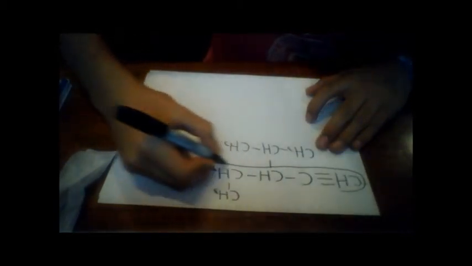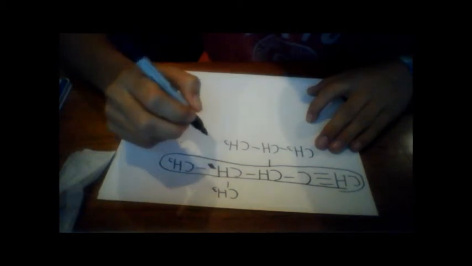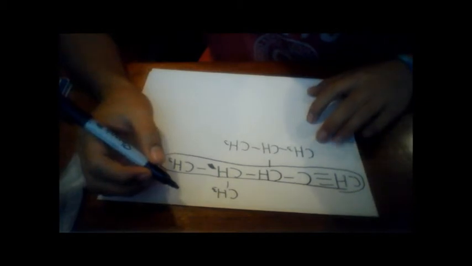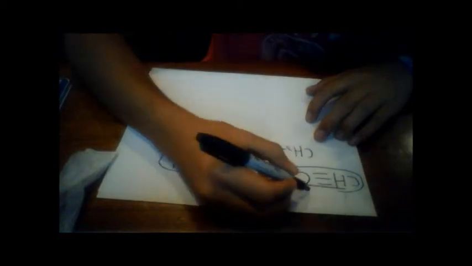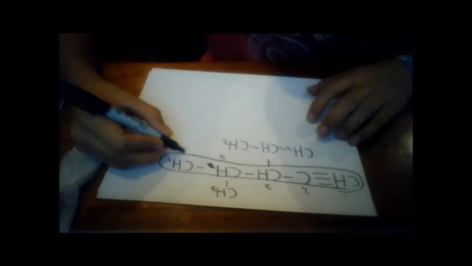Let's see another example. We have this. So we have to name it: first put the longest chain, and then arrange them 1, 2, 3, 4, and 5.